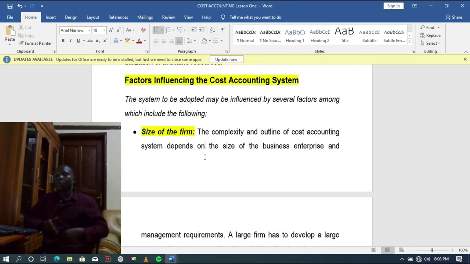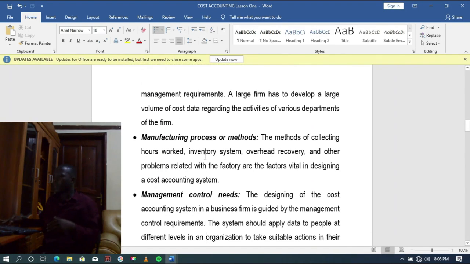The complexity or the outline of your cost accounting system will depend on the size of the farm, implying that a large farm will require you to develop a large cost accounting system, a system that is able to hold large sums of data, large chunks of cost information, compared to a small farm. A small farm, being that it holds less cost information, you may need to develop a small system.